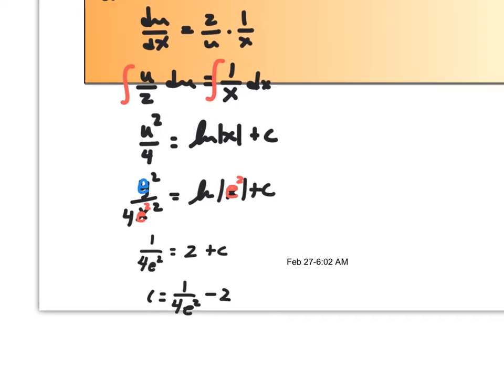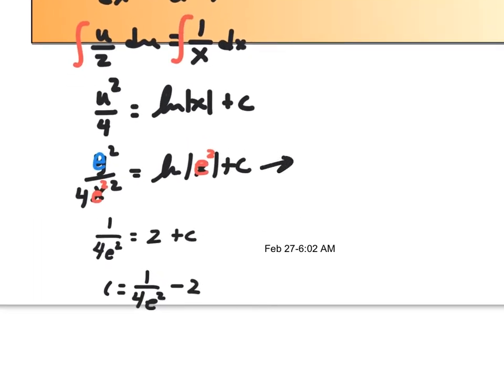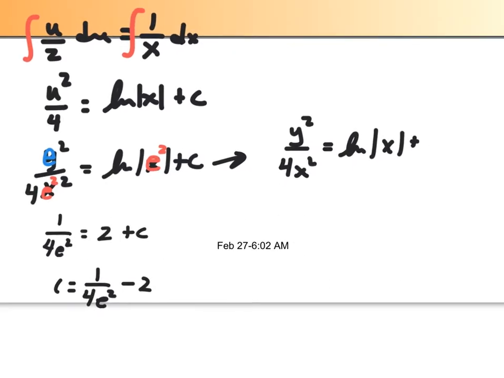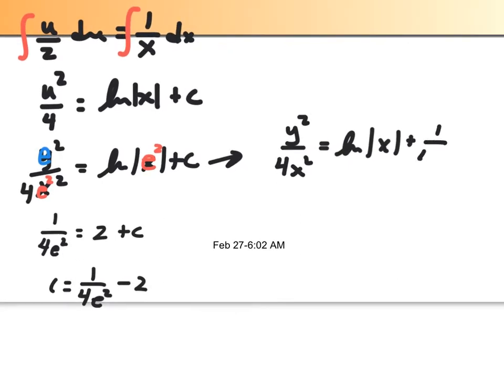Okay, so I can take it back to this step here. So I get y squared over 4x squared is equal to the natural log of x plus this thing, right? Plus 1 over 4e squared minus 2.